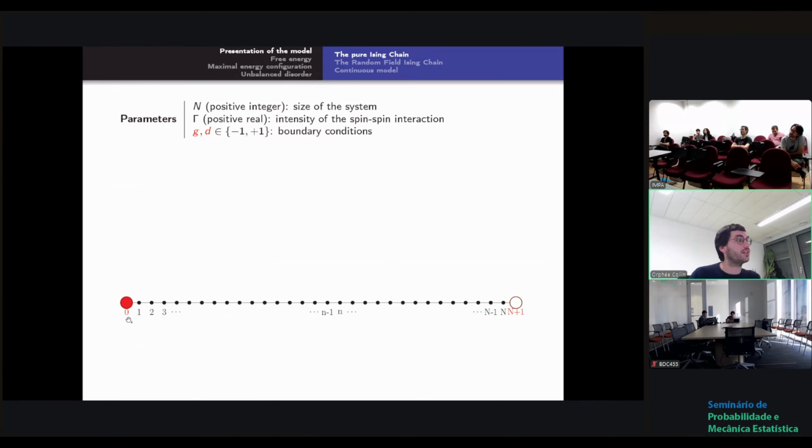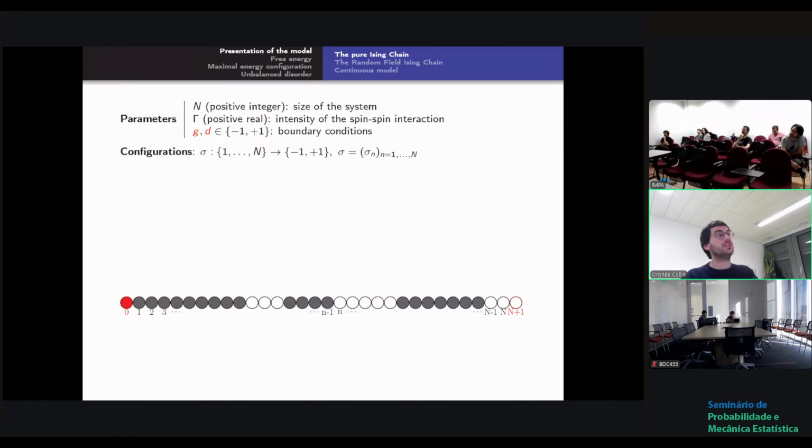This means that at 0 and at N+1 we have additional sites where the spins are fixed. Now a configuration on this space is a function sigma, which to every site assigns a spin, either -1 or +1. So here is an example. I've used full disks to denote the value +1 and empty disks for -1.